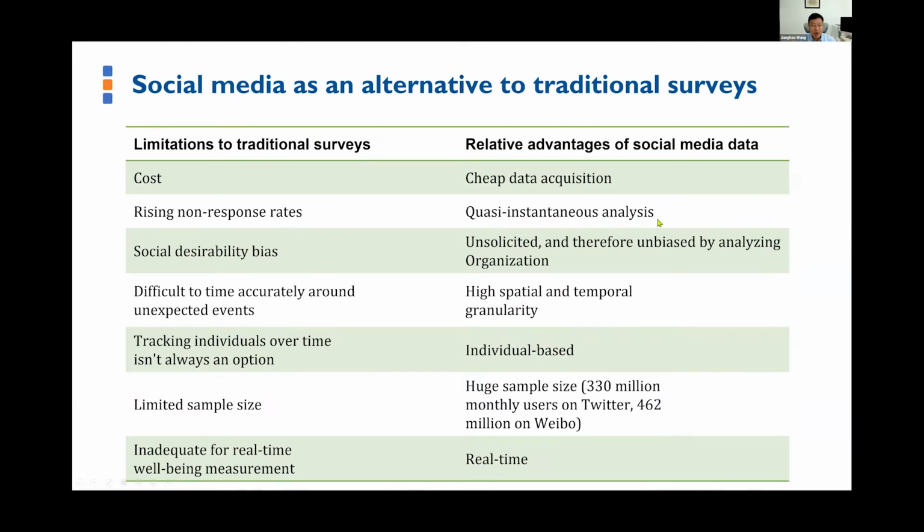Then, why do we choose social media? Because it's a good alternative to traditional survey data. As we all know, traditional social science cannot leave surveys or census data sets, but traditional surveys are always costly, with rising non-response rates and social disparity bias, and it's also difficult to accurately capture unexpected events.